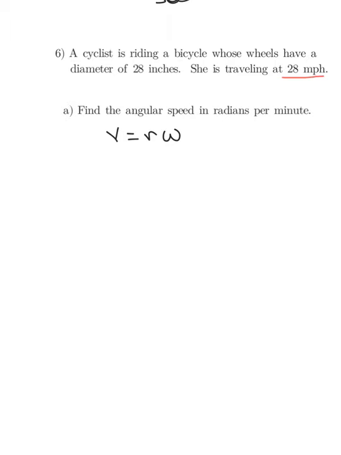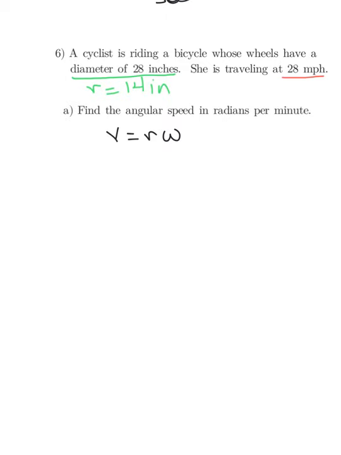So that is our linear speed. So I know V, and the other thing in looking at this, I'm told diameter of 28 inches. Well, that means that R has to equal 14 inches.